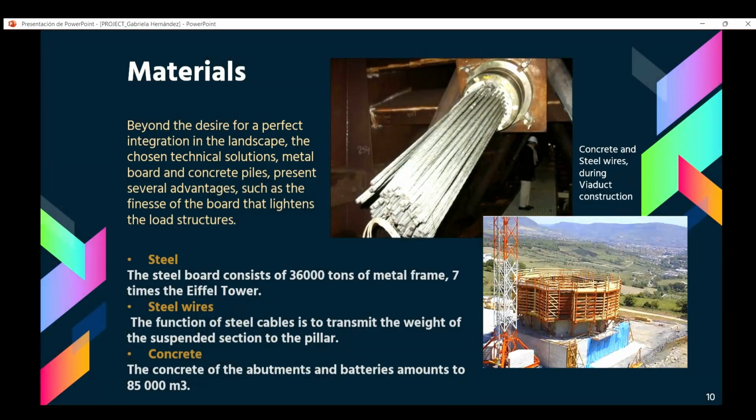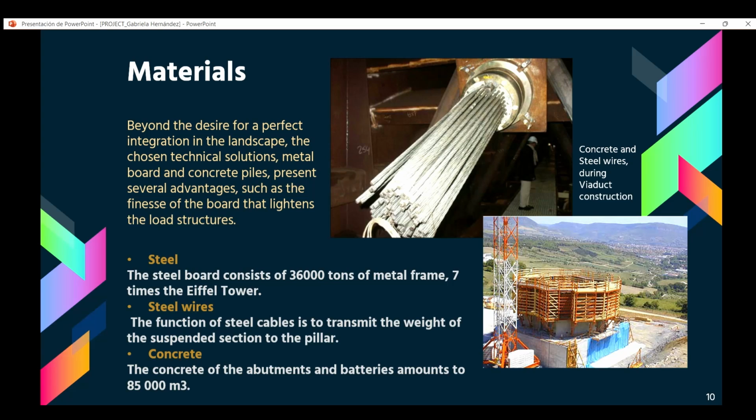Now, with respect to their construction, beyond the desire for a perfect integration in the landscape, the chosen technical solutions, metal board and concrete piles, present several advantages, such as the finishes of the board that lightens the load structures.